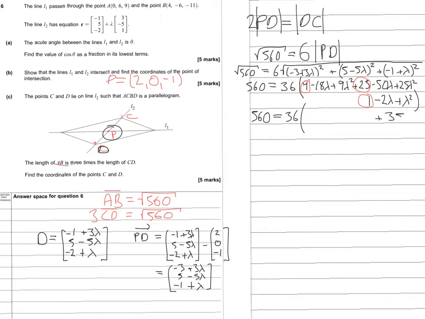Plus 35. -18 minus 50 is -68, -70, -70λ. 9λ squared plus 25λ squared is 34λ squared, plus λ squared is 35λ squared.